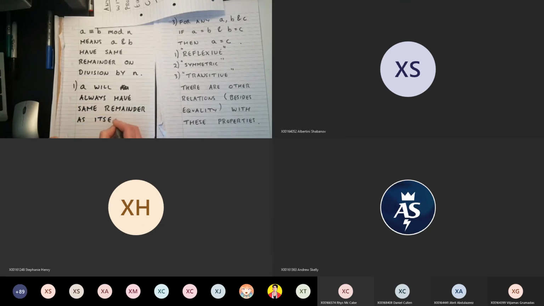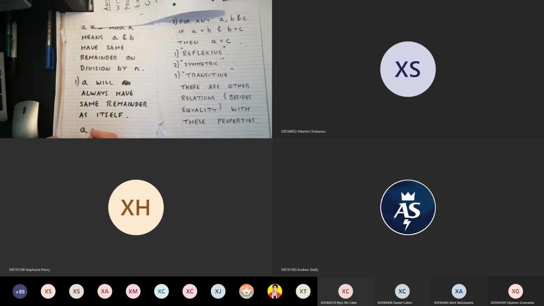Okay, so if 12 has a remainder of 2 on division by 10, then 12 has a remainder of 2 on division by 10. So certainly A will always be congruent to A in mod n for any A. That's always going to be true. That one's easy.